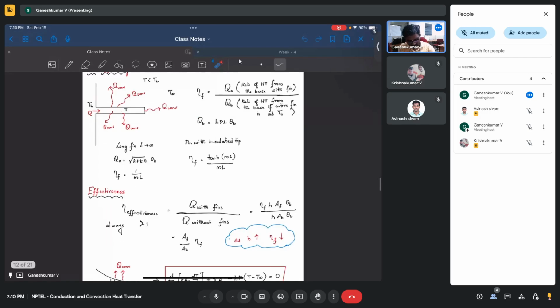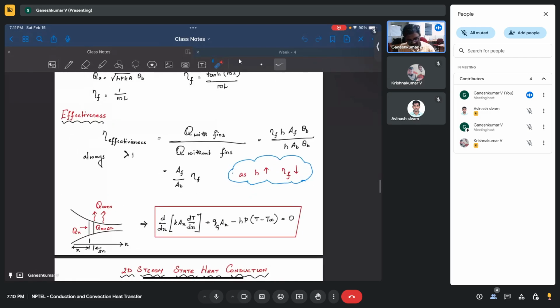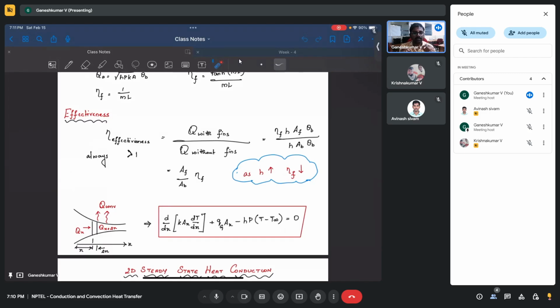And the next one is fin effectiveness. This actually justifies whether we need a fin or not. If I have a fin, what is the total heat transfer I am going to get compared to when I don't have any fin? So, Q with fin and Q without fin.